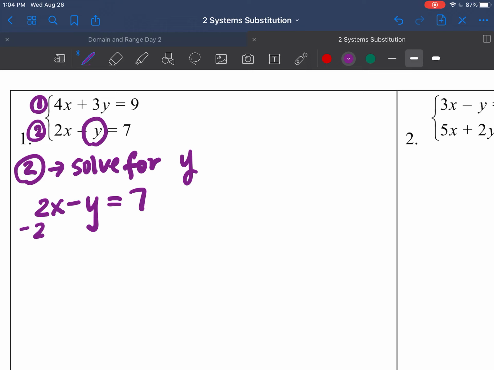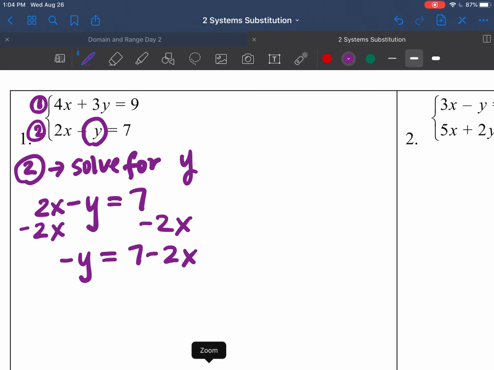And so I have to get rid of the 2x term, which leaves us with negative y equals 7 minus 2x. And then there's an invisible one here, a -1 that we need to divide the entire equation by.